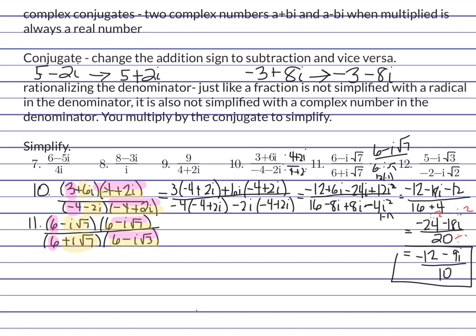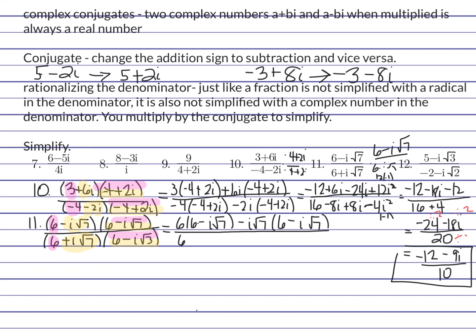Now I will distribute after I change that to a pen. 6 times 6 minus i square root of 7, minus i square root of 7 times 6 minus i square root of 7. And in the denominator, I would have 6.